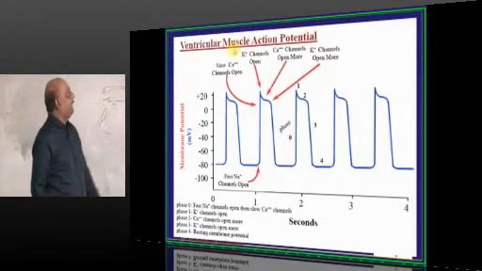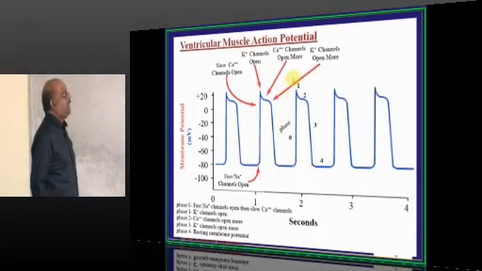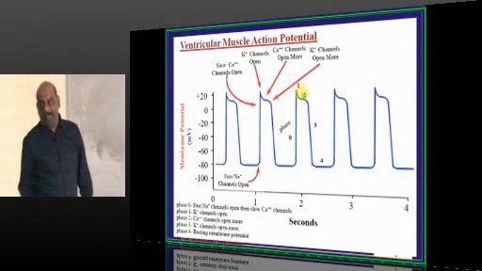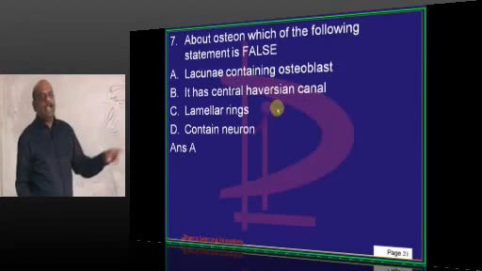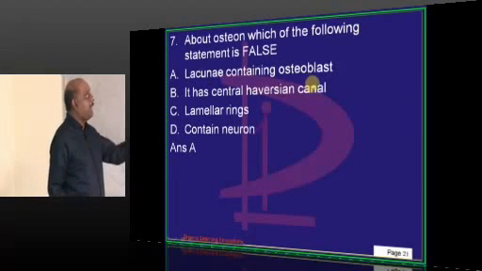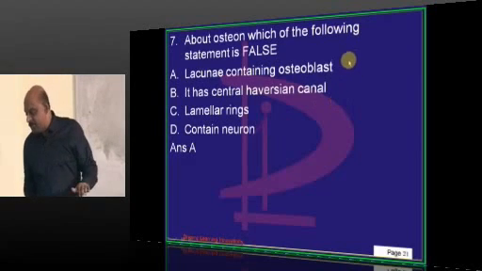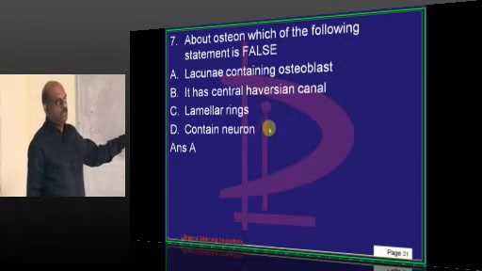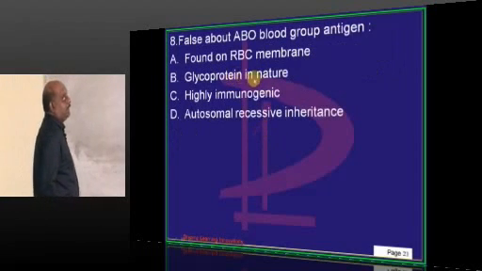So, it is the plateau phase where calcium channels open, and typically the action potential curve. Now, if you take the lacunae, they have osteocytes rather than osteoblasts. If you look at the haversian canal and the cut section of the bone, is what you have to basically understand.